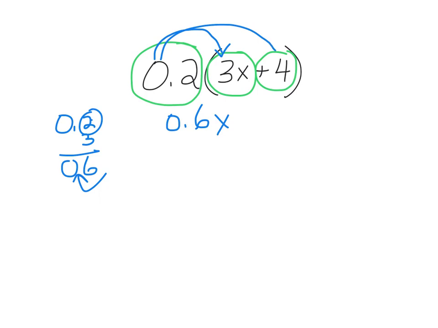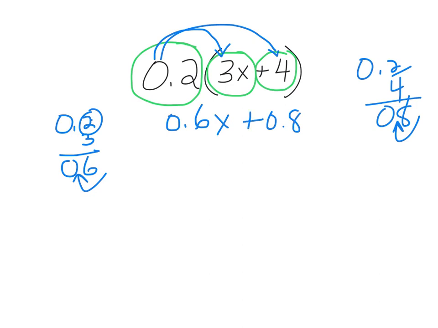And 0 and 2/10 times 4, that's going to be positive. I know that. So I'll just go 0 times 4, 0, that's 8. So that's going to be one spot. So that's going to be 0 and 8/10, and it's positive. That's your final simplified decimal answer.